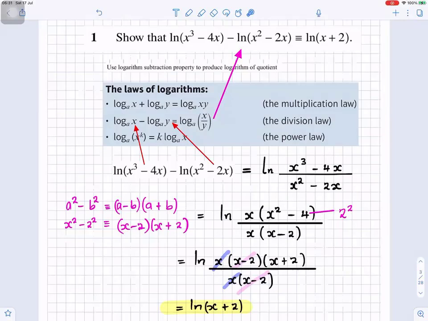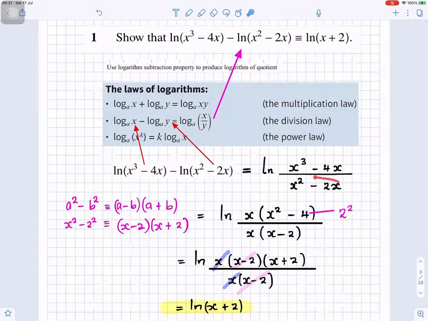Now, 4 is the same as 2 squared, so we have the difference of squares, a squared minus b squared, equal to (a minus b)(a plus b). So x squared minus 2 squared, where a is x and b is 2, is the same as (x minus 2)(x plus 2). So we replace x squared minus 4 with (x minus 2)(x plus 2).